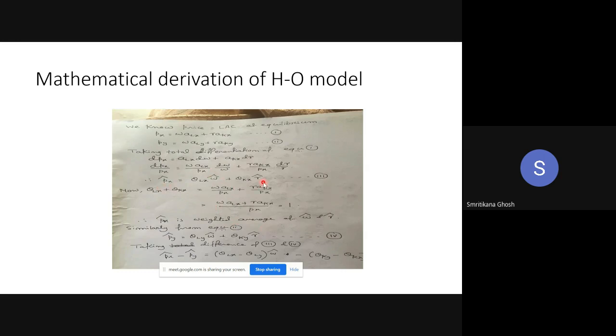The weightages are theta LX and theta KX. It's like 30% for labor, so theta LX is 0.3, and if it is percentage, the sum total will be 100. Here it is the proportion, so the sum total is 1.